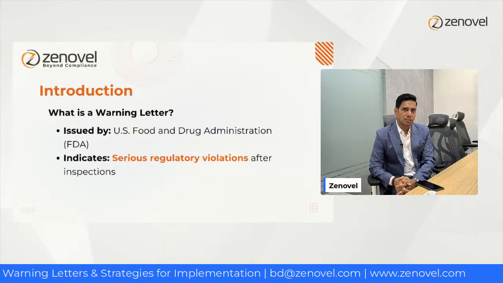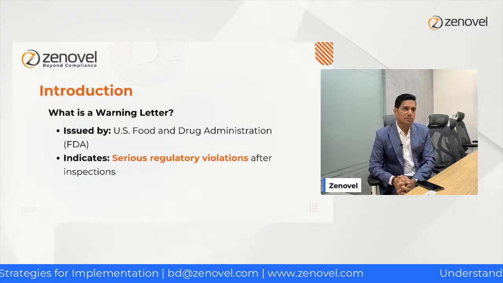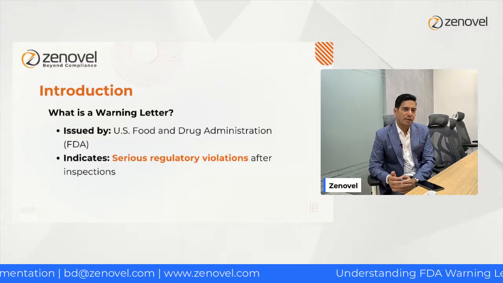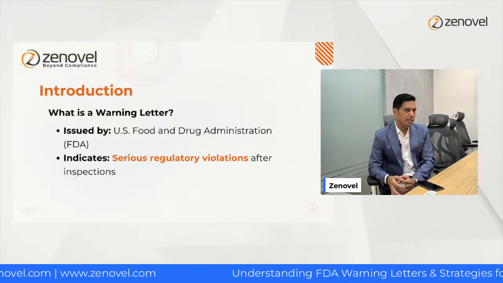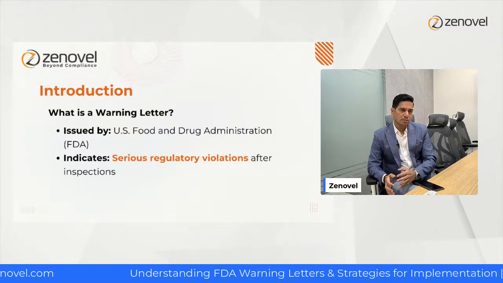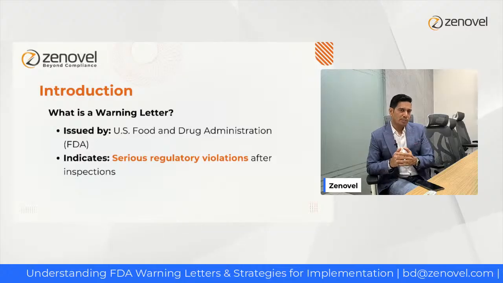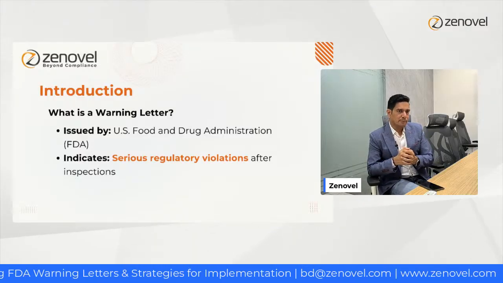So in the pharmaceutical industry, quality and compliance are the most essential things. When any agency, including FDA, comes for inspection, they tend to see the quality aspect and the compliance.